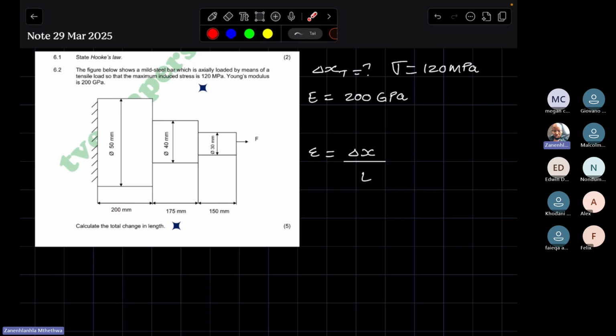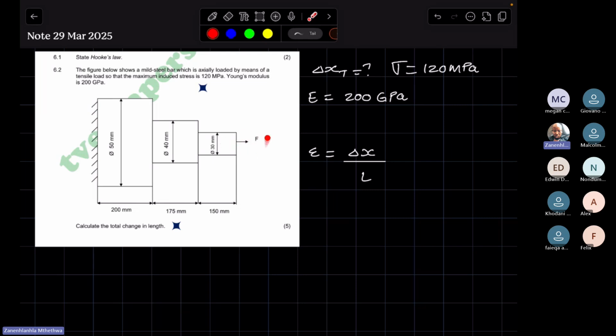In order to get the change in x, you first need to get the force, because the force being applied is just one force. You only have one force being applied, which is this one. This is attached to some wall, and then this tensile force is being applied.